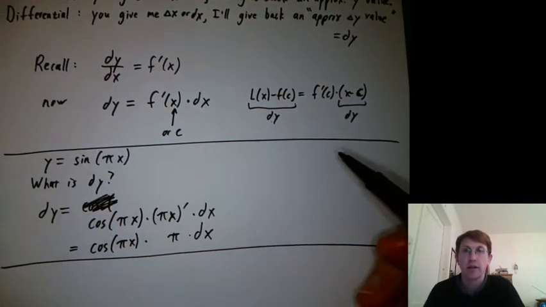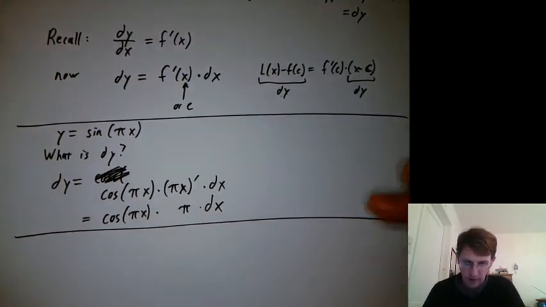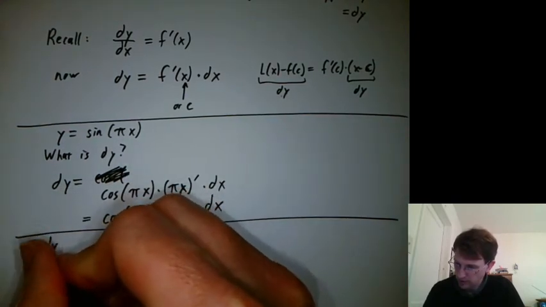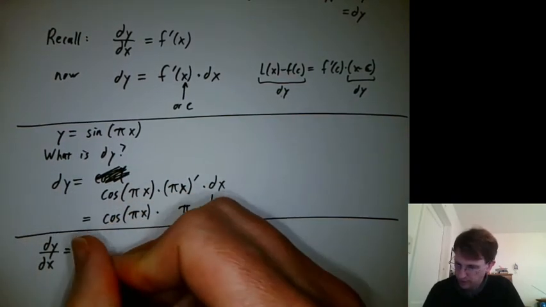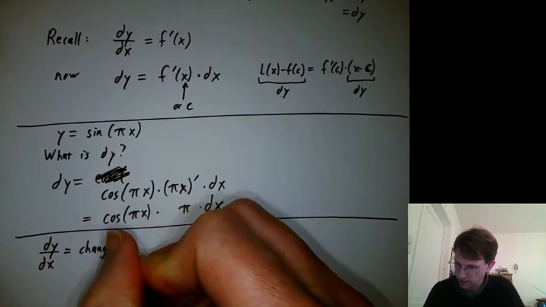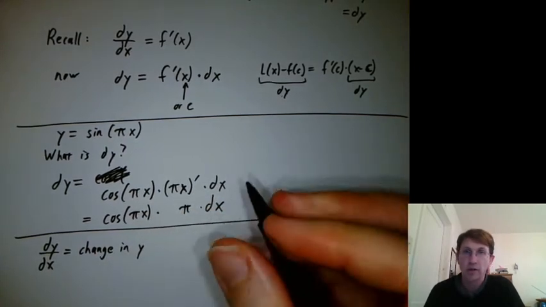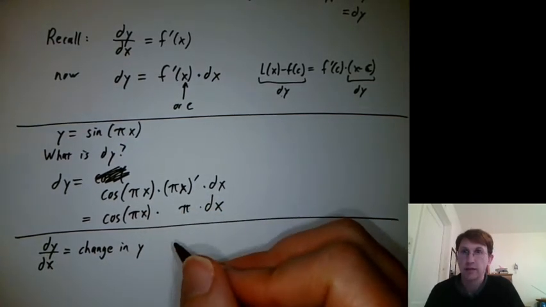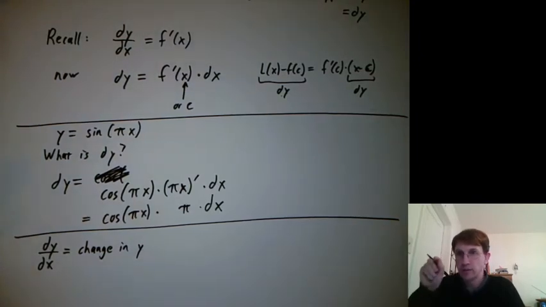So that's a straightforward example of saying what is dy based on the derivative of the function and then multiplying by dx. So another way to think of this is that dy over dx is the change in y per unit change of x very locally when you've zoomed in super tight.